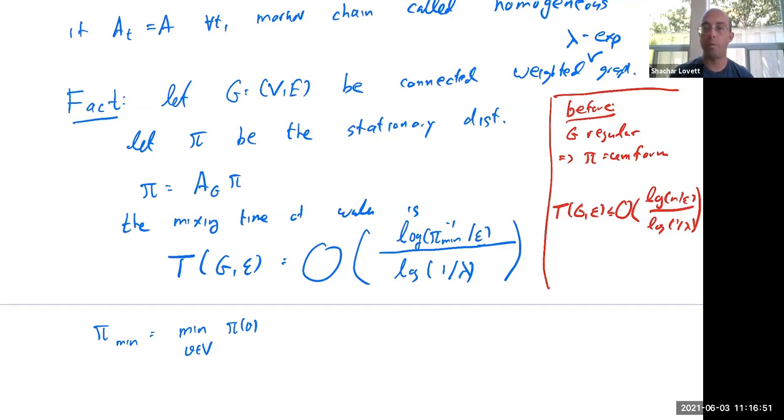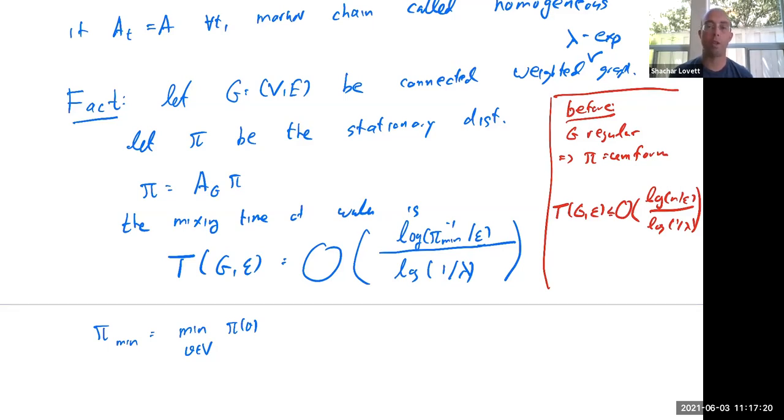So if it's uniform over n nodes, all the probabilities are 1 over n. So pi min inverse is exactly n. So we recover the previous bound, but actually exactly the same proof would give you this bound. So if we have a non-regular graph with some maybe weird stationary distribution, and you want to converge to it, then you need to take into account the smallest probability out of them.